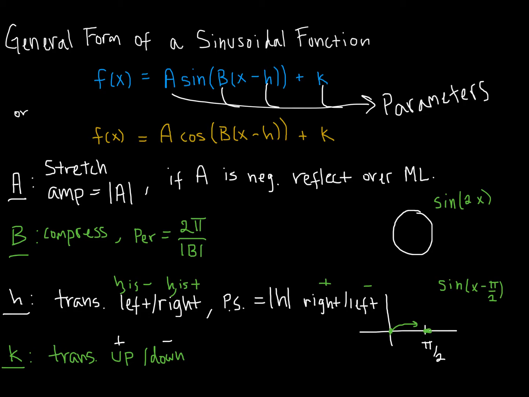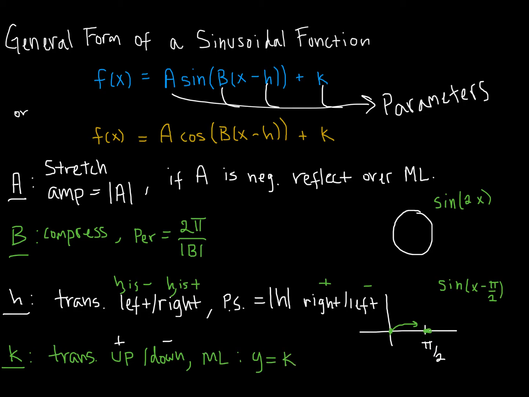And so what will this have an effect on? Well, if you think about your sine or cosine function, as you slide it up or down, that's obviously going to affect the maximum and minimum points, meaning that it's going to shift the midline. So the midline is in fact dictated by the k value, and the midline is the line y equals k.